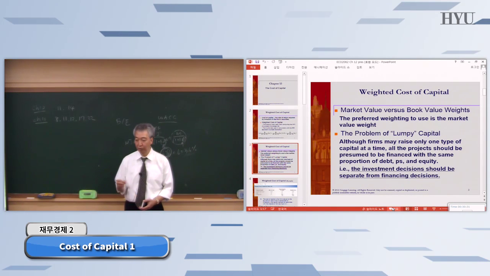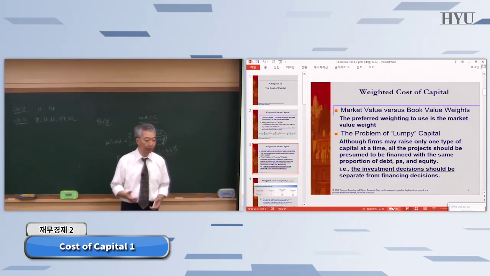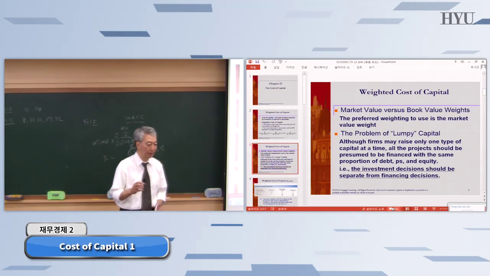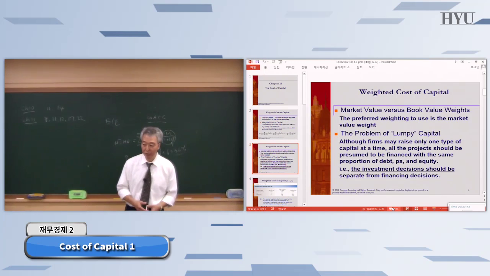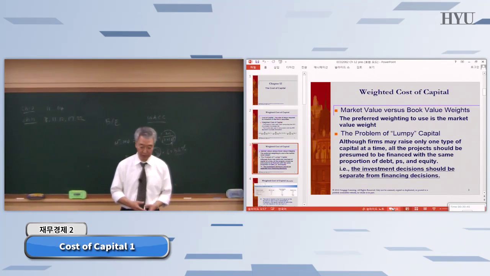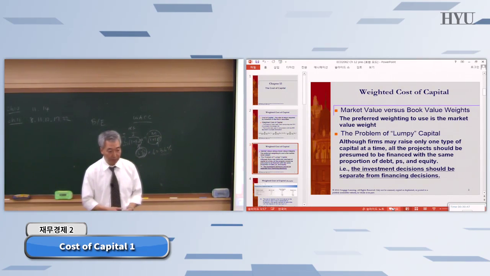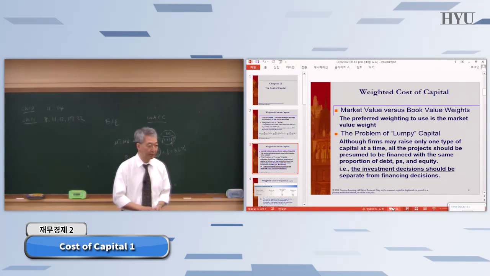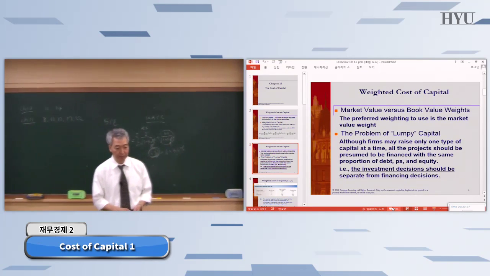Once you issue, say, $200 million bonds, your debt is $200 million. It doesn't change, whether it's in the book or market value. However, in terms of equity, the stocks, there can be a big difference between the book value and the market value.